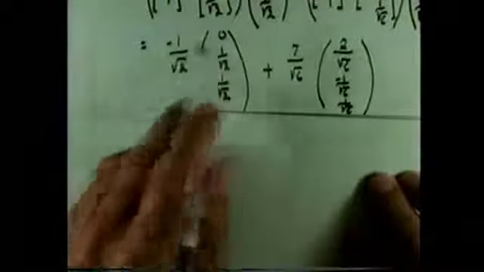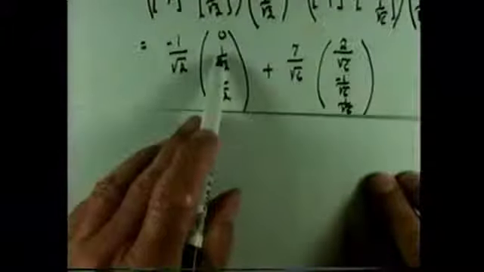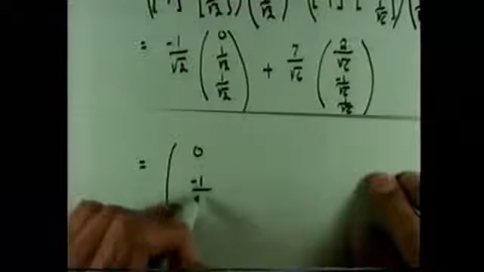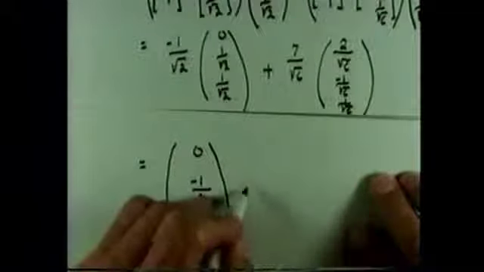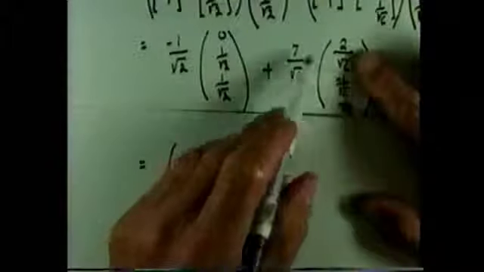So multiplying, this is going to be 0, a negative 1 times 1, that would be a negative 1 over 2, because the square root of 2 times the square root of 2 is the square root of 4, which is 2. And this is going to be a negative 1 over 2, plus 7 times 2 is 14.